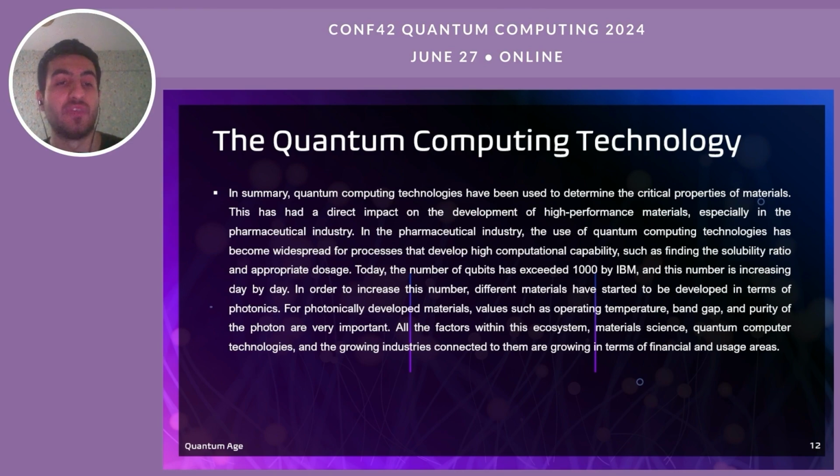How can we apply material science in quantum computing technology, and on the other side, quantum computing technology for material science? These parameters are essential for the quantum age: photonic behavior, two-dimensional materials, the pharmaceutical industry, and also high-performance materials. They are related to information technology.